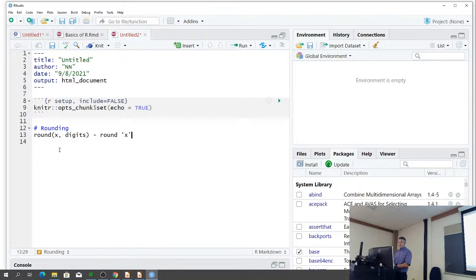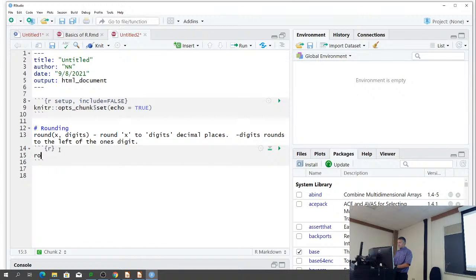Round x to digits decimal places. Negative digits, round to the left of the 1. There we go. So, just make up a number, a rather large number, just to demonstrate it.